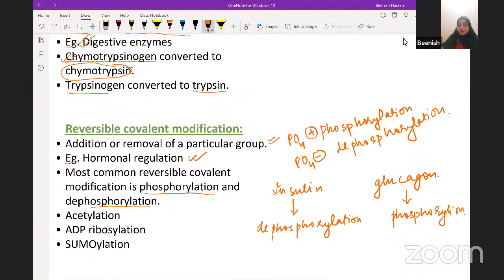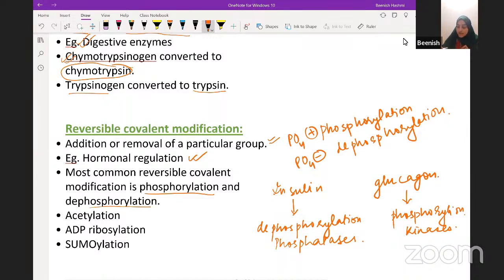So your glucagon was activating kinases, because kinases bring about phosphorylation, and your insulin was activating phosphatases, because they remove phosphate groups from the enzyme.